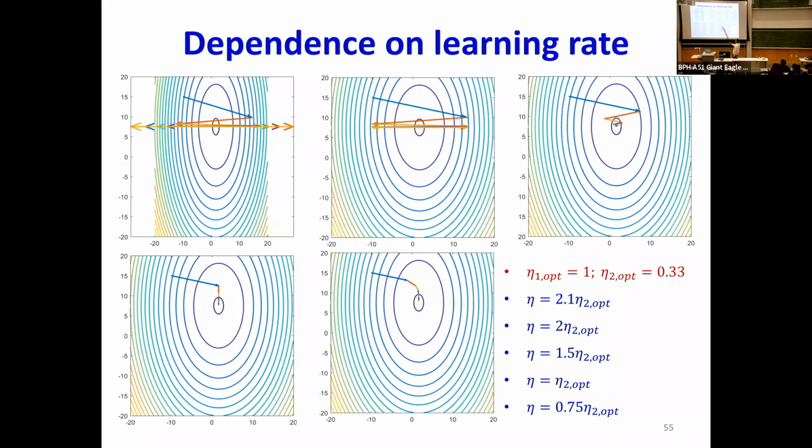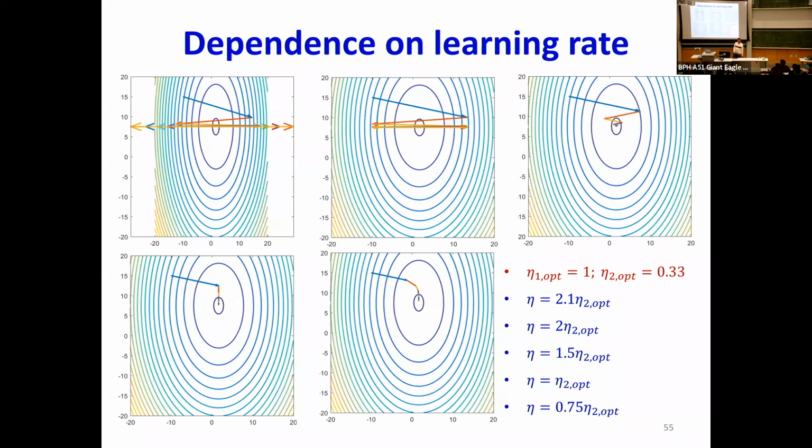Suppose I have a step size which is exactly equal to 1.5 times 0.33. Then what would happen? So that's this guy, right?